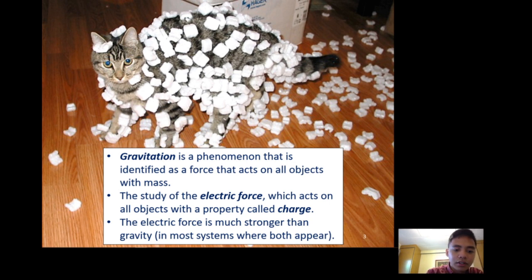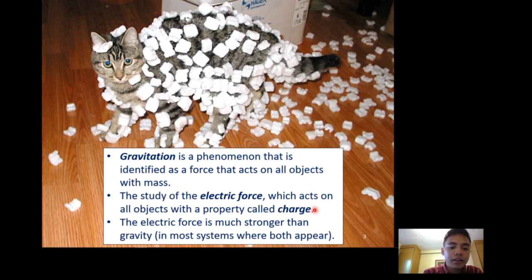The study of electric force acts on all objects with a property called charge. The electric force is much stronger than gravity in most systems where both appear. We learned gravitation in classical physics, and now it has a similar phenomenon in modern physics, which is the electrical force.